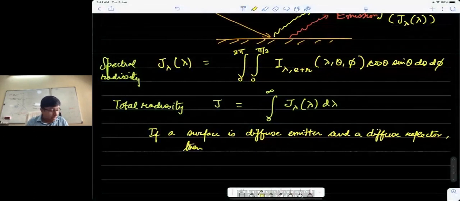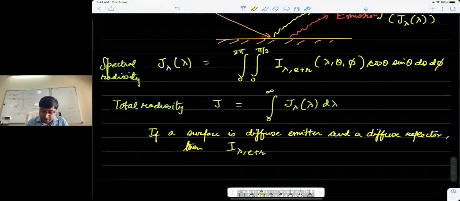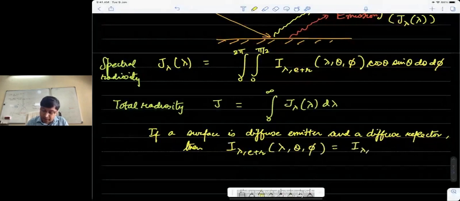Then we again have that this I lambda, the intensity of radiation, which we typically write in terms of the directional dependence, is only a function of wavelength.